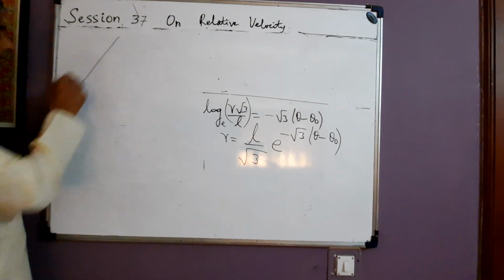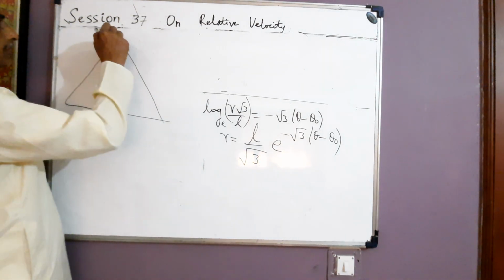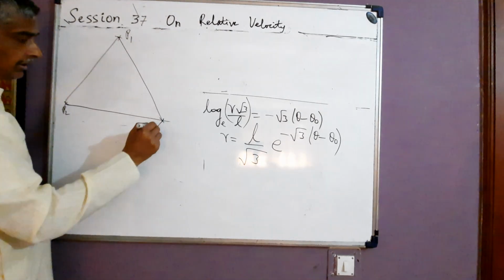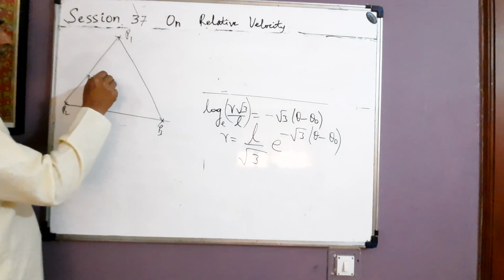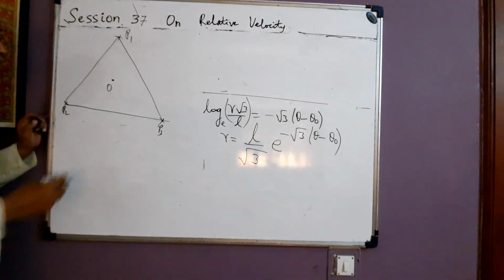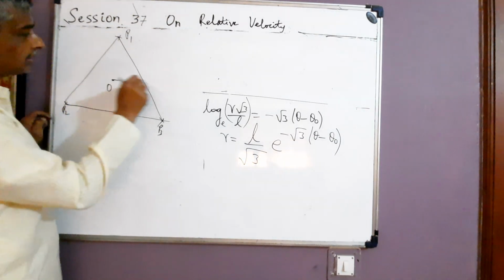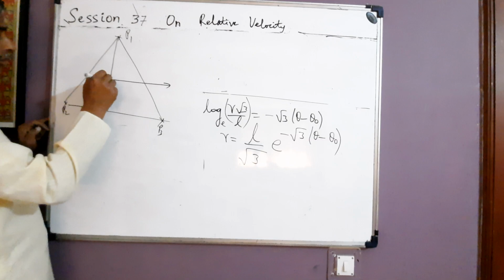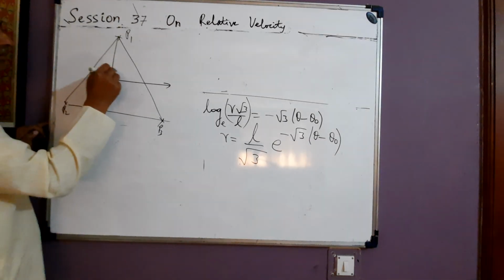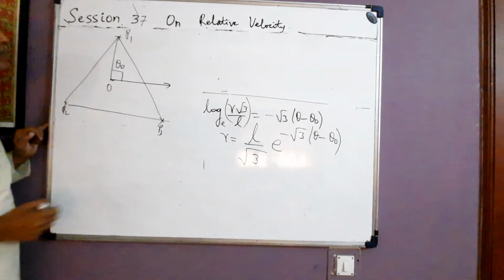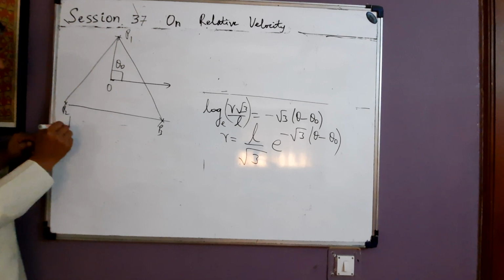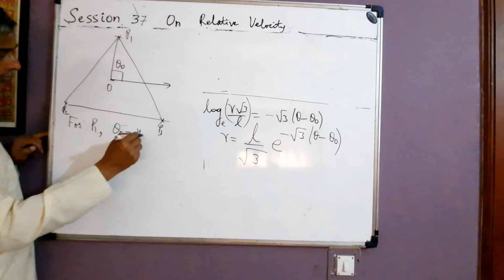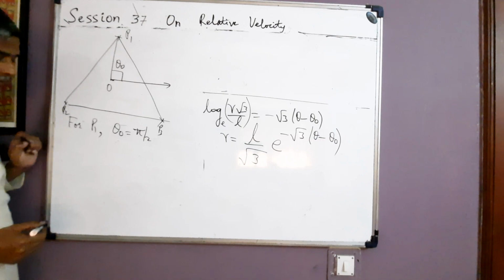See, initially P1 is here at time 0, P2 is here, and P3 is here. This is point O, the pole. This is the reference line, the line through O parallel to P2, P3. We join this P1 to O. This is theta naught for P1. So for P1, theta naught is just equal to pi by 2 radians.